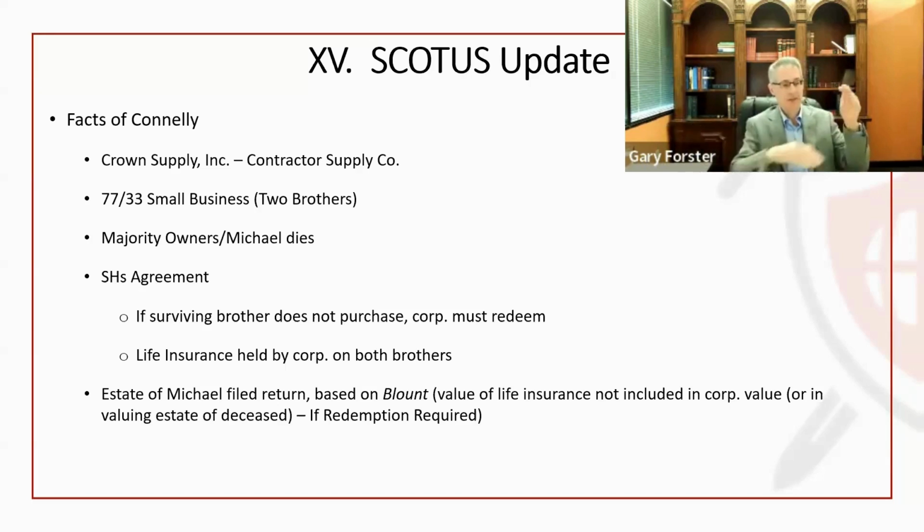So you had a survivor who remained an owner, but the company got insurance proceeds. The insurance proceeds were then to be used to buy out the deceased's shares held by the estate.